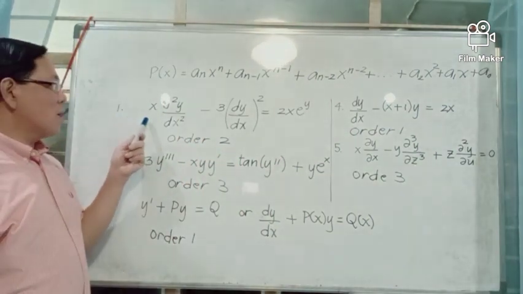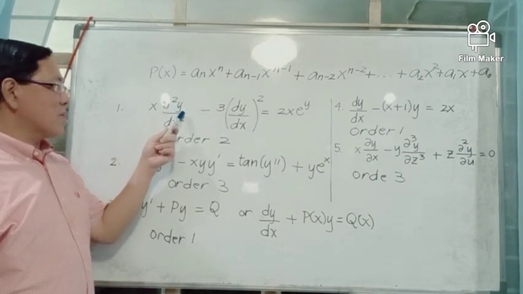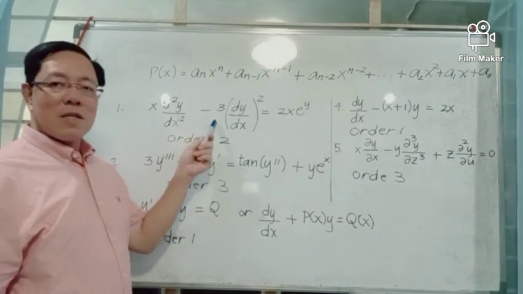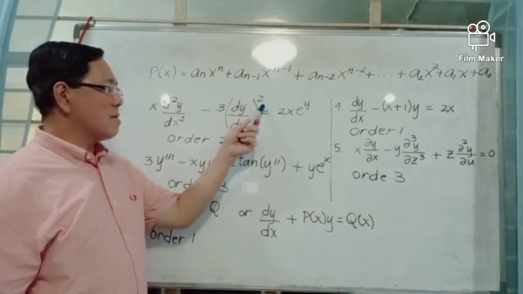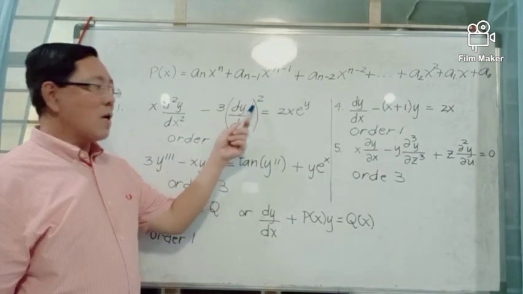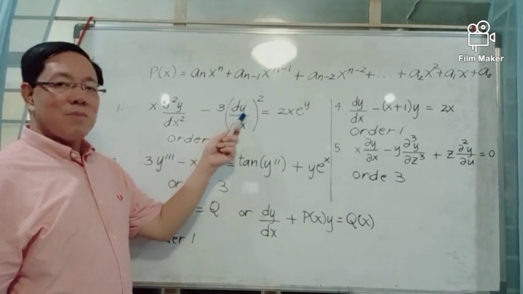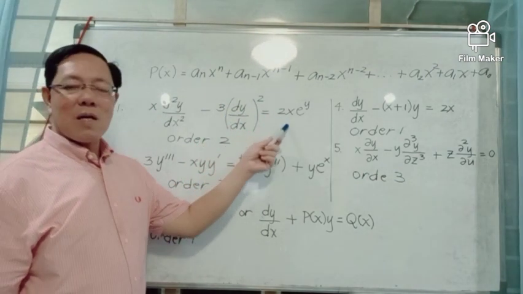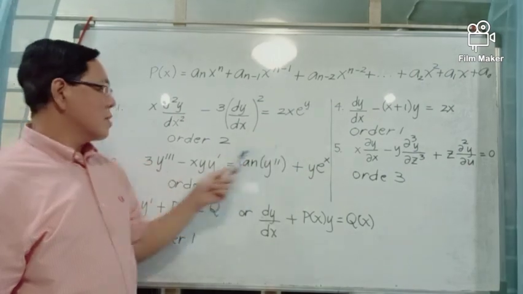Number 1, we have x times the second derivative of y with respect to x, minus 3 times the square of the first derivative of y with respect to x, dy/dx, equals x e to the y.